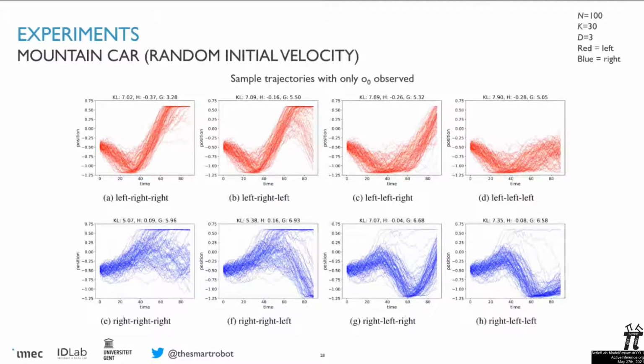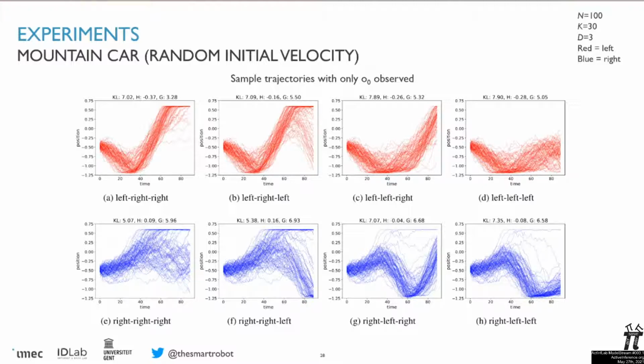so here we do the same experiment, but we add some random initial velocity. And again, we let the agent observe the world for one time step, and then let it plan according to the same policies as before. And first of all, you see that the agent has a much larger spread on its believed outcomes. This is due to this extra uncertainty on what the initial velocity is.